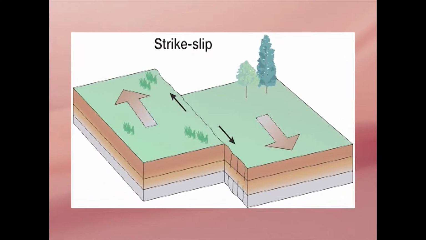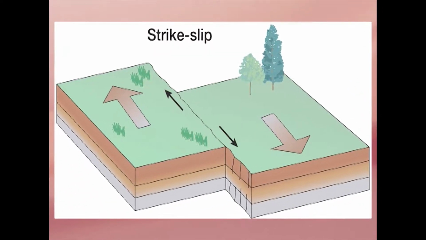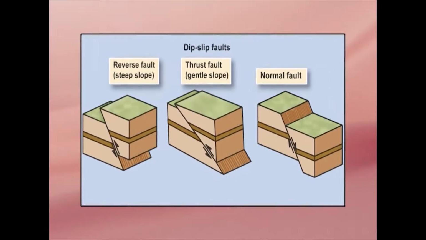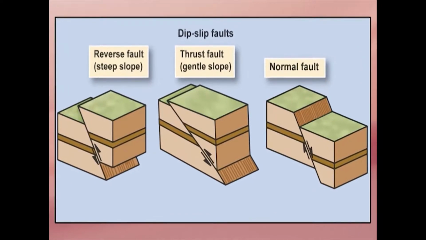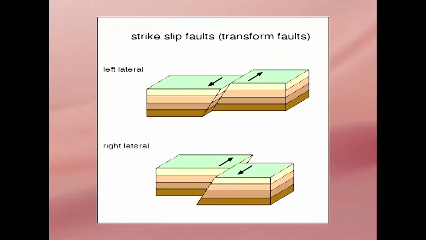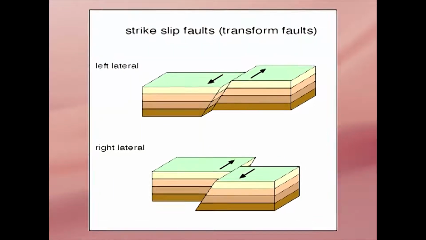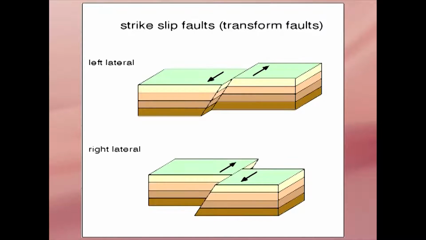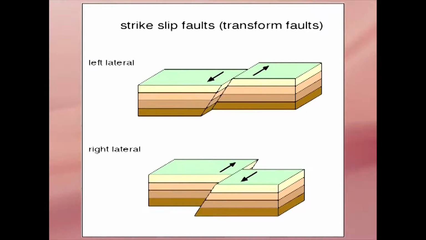When rock masses slip past each other parallel to the strike, the movement is known as strike slip faulting. Movement parallel to the dip is called dip slip faulting. Strike slip faults are right lateral or left lateral, depending on whether the block on the opposite side of the fault from an observer has moved to the right or left.